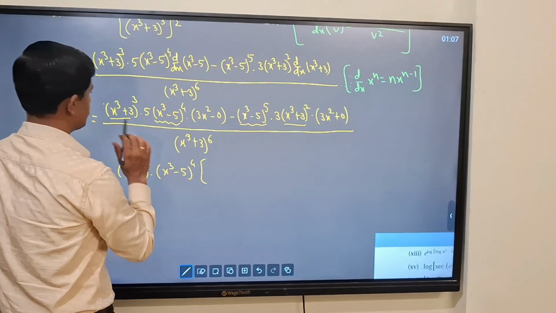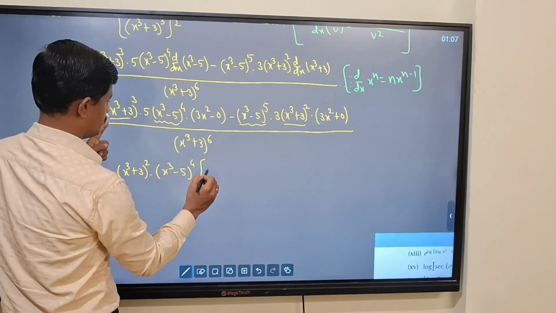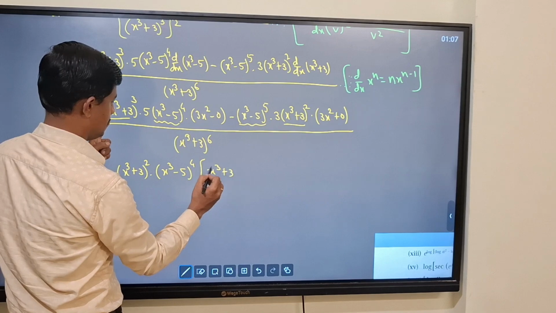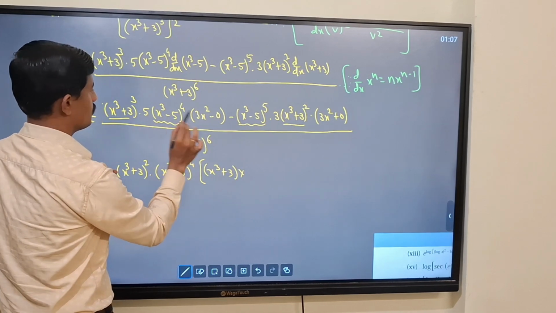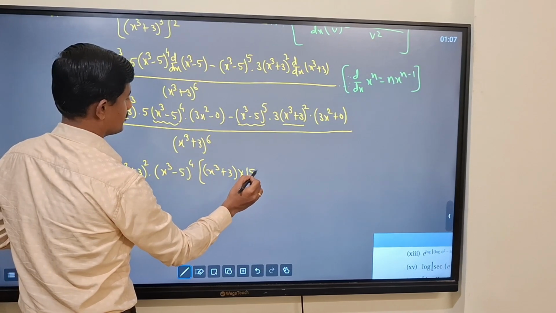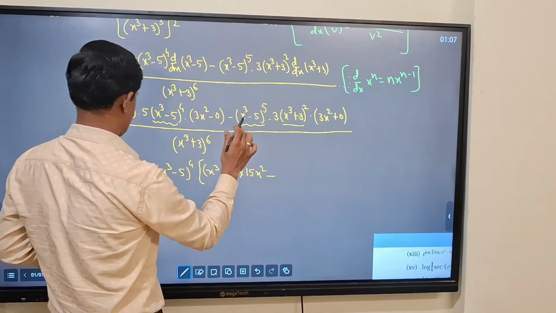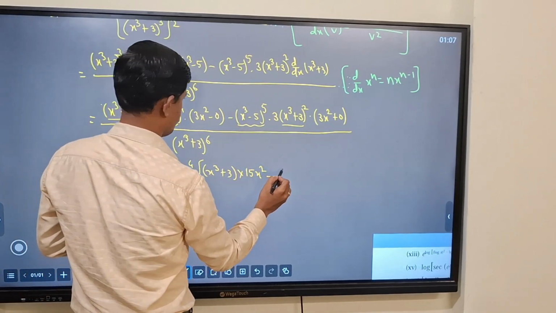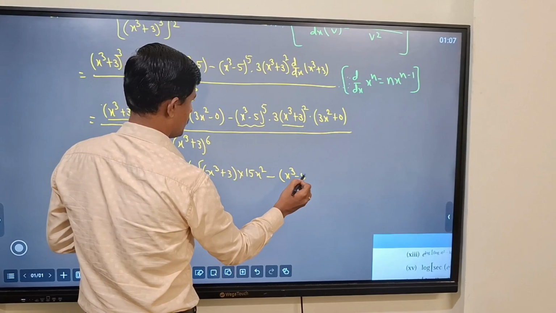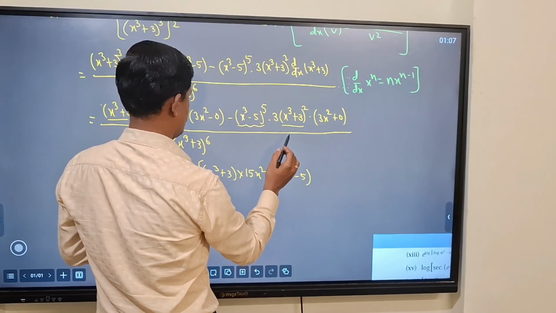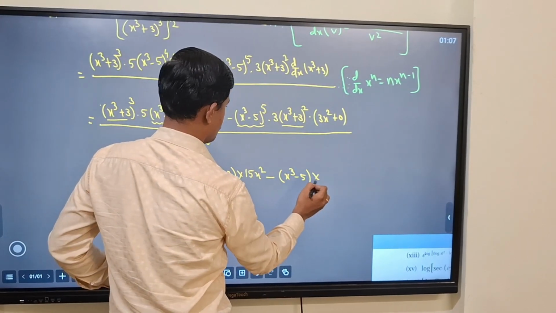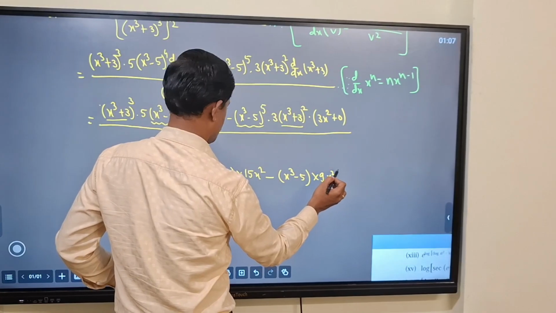Inside the bracket remains x cube plus 3 into 5, 3 fives are 15 x square, minus, here remains x cube minus 5 and 3 3s are 9 x square.